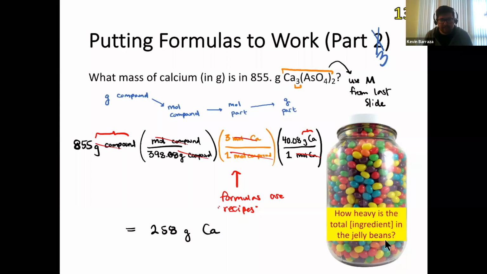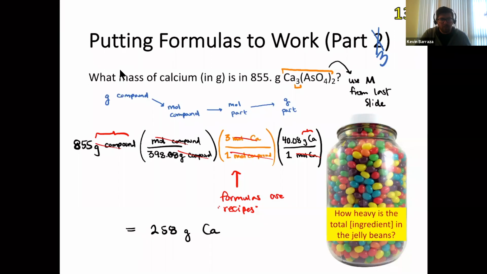If we were connecting this to the jelly bean idea, what this question is in terms of jelly beans is, say we were asking how many grams of sugar are inside this jar of jelly beans. Well, first I'd have to figure out how heavy are my jelly beans, then connect it to how many jelly beans there are, connect that to how much sugar would be in there, and then simplify to get the amount of sugar.